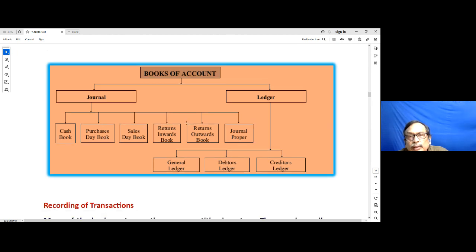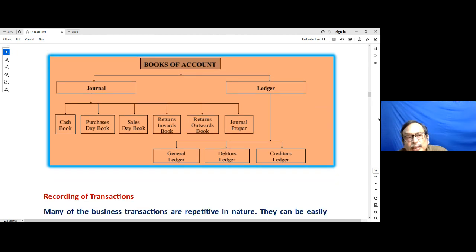Now, so far as books of accounts are concerned, we have journal and then we have ledger. Accordingly, we have cash book, purchases day book, where all the credit purchases are recorded, sales day book, where all credit sales are recorded, return inwards book, return outwards book, and journal proper.